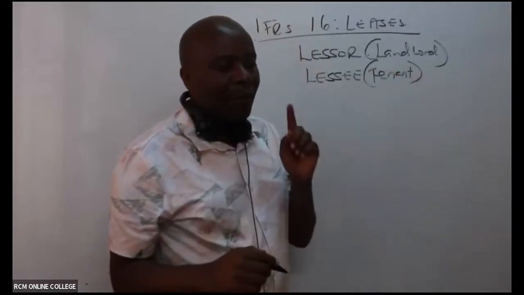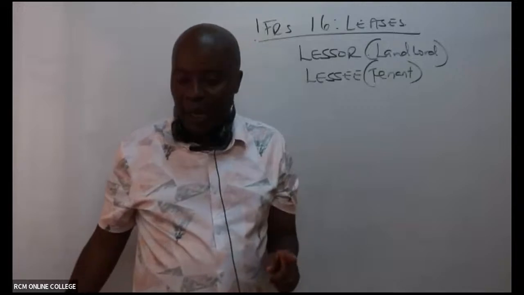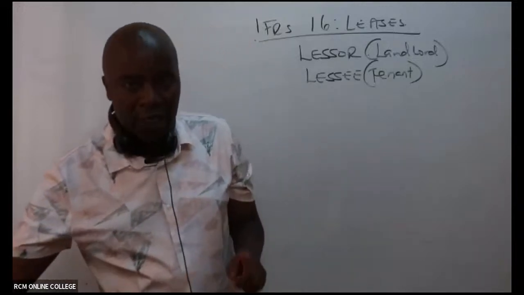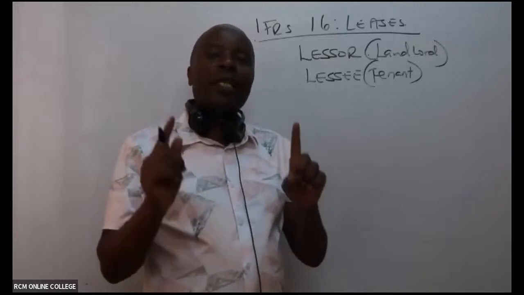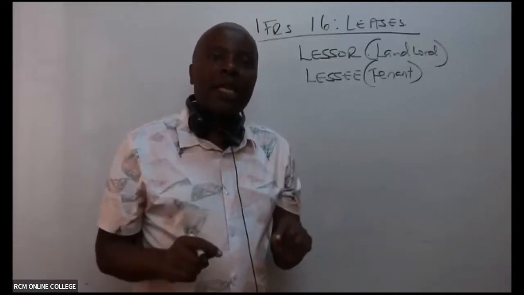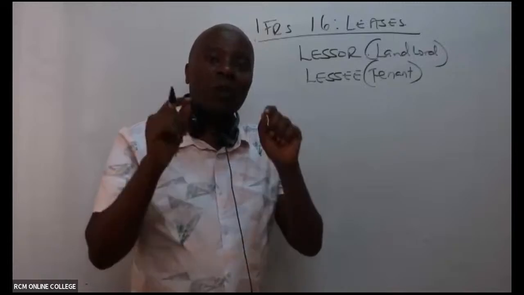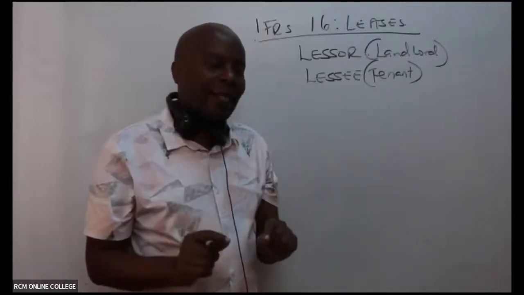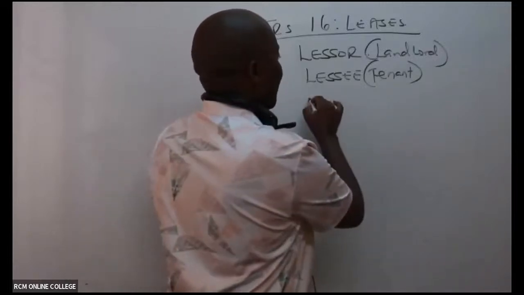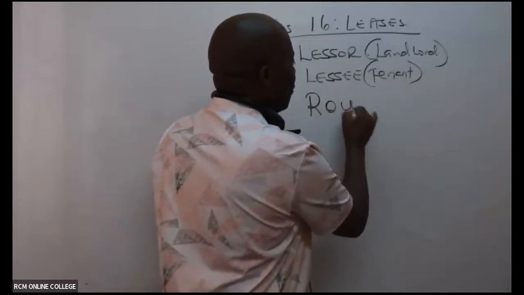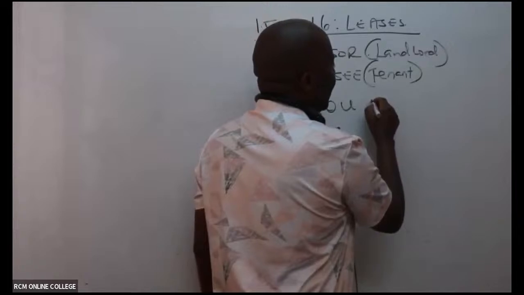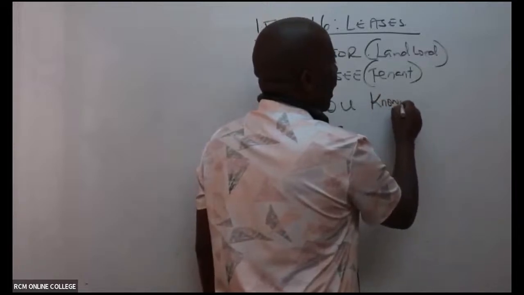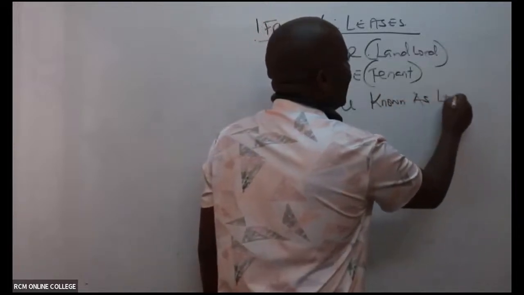Ladies and gentlemen, according to the definition of IFRS 16, a lease contract is that contract which conveys the right of use. It conveys the right of use to a party known as the lessee.